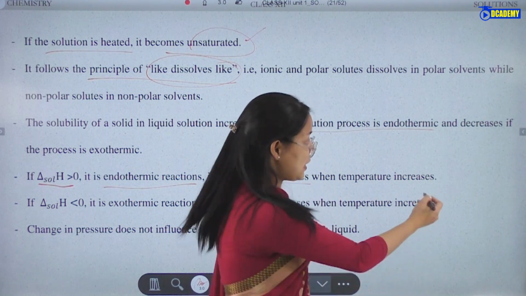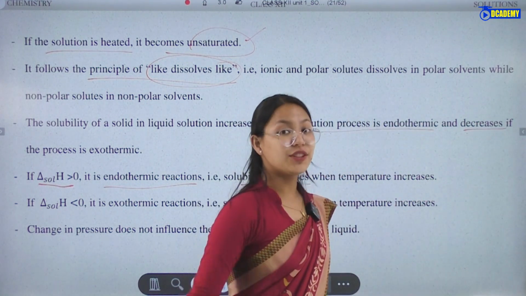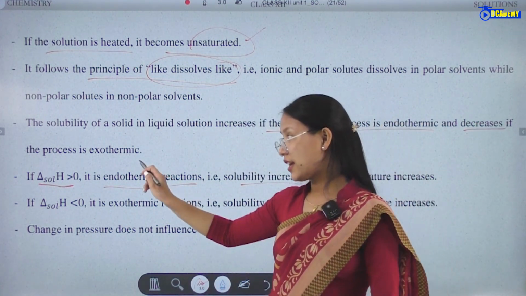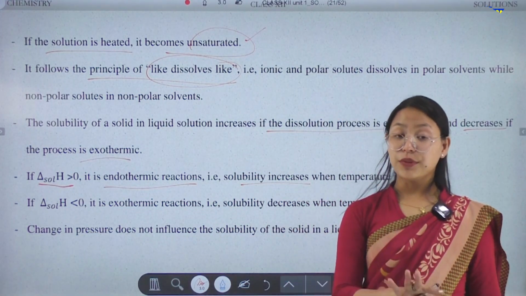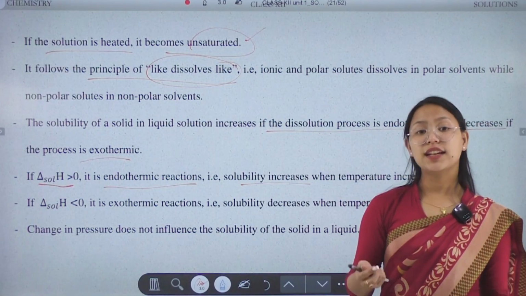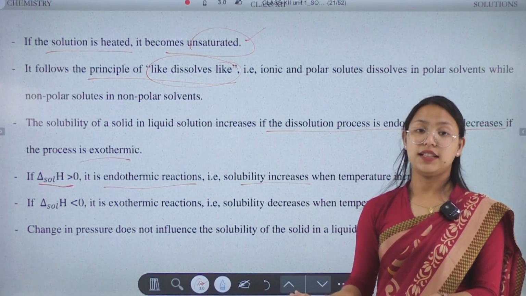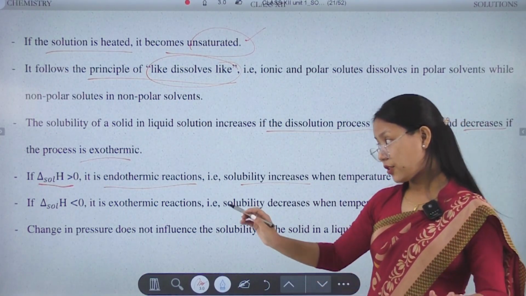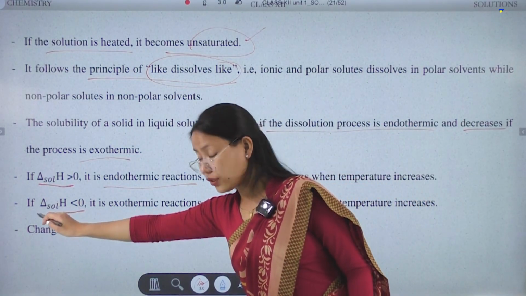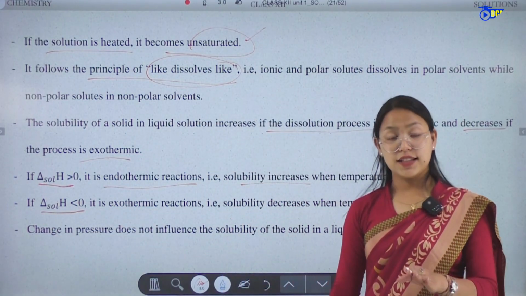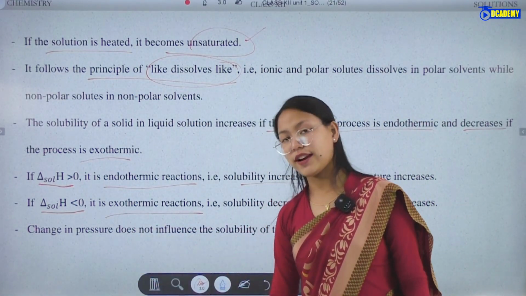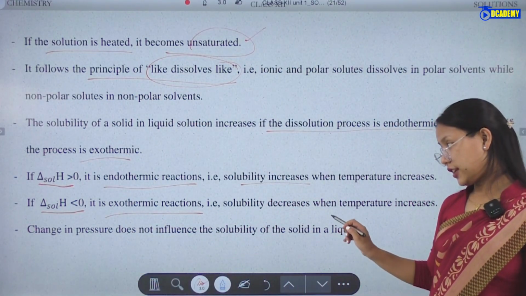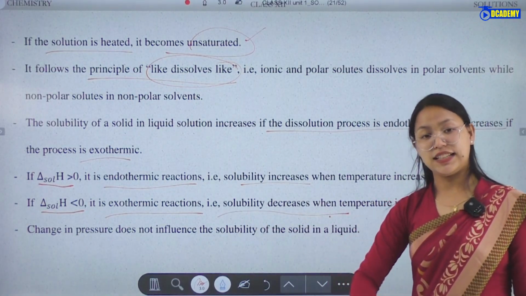But in case of a decrease, it has to be exothermic, heat is released. When exothermic, solubility decreases. So here, enthalpy less than 0 means exothermic, and the solubility decreases.